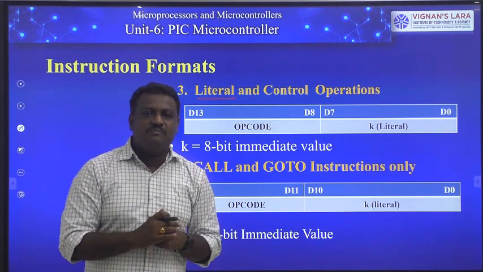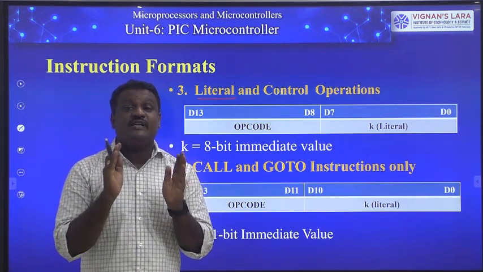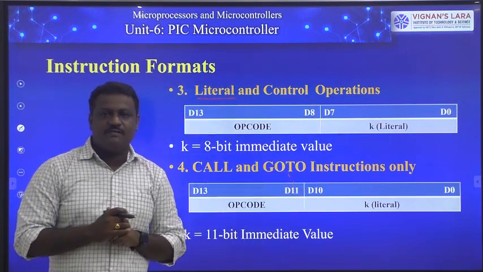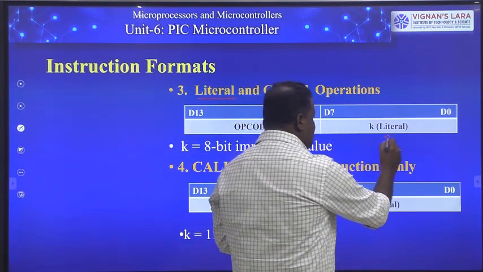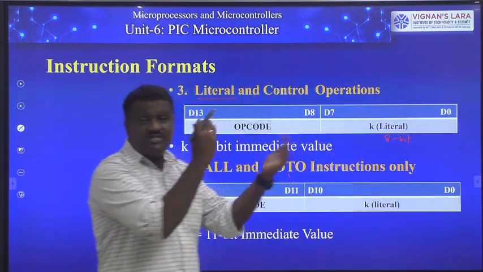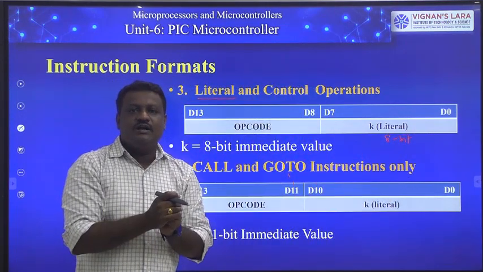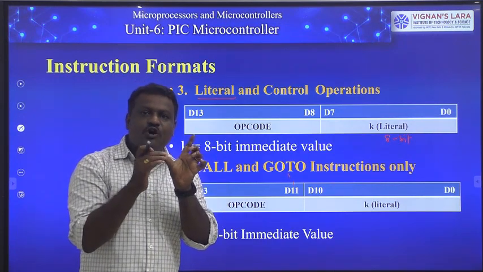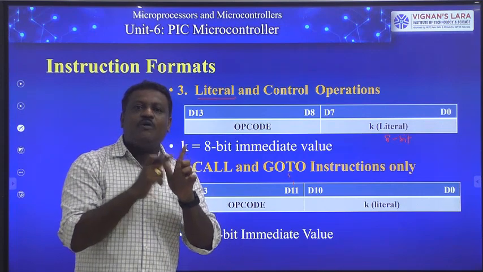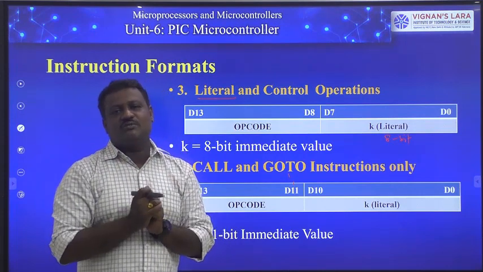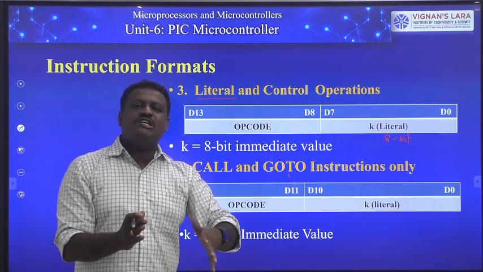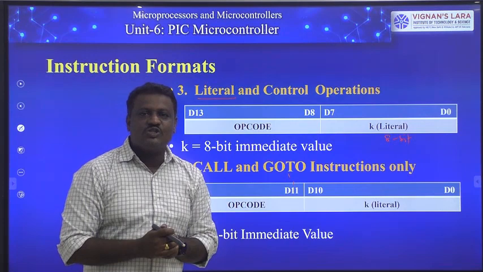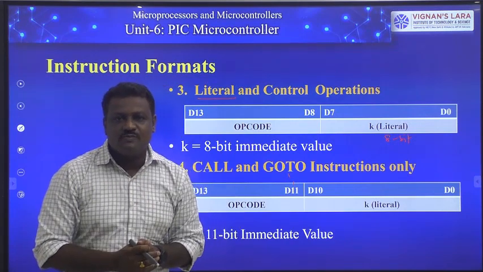In those addressing mode based instructions, your data size is 8 bits, so here your literal or constant size is 8 bits. Here, from that same architecture structure, when I am talking about addressing mode, one of the operands is immediate data, and the other operand is always the working register W. So the working register W may act as a destination also, or it may act as a source also.